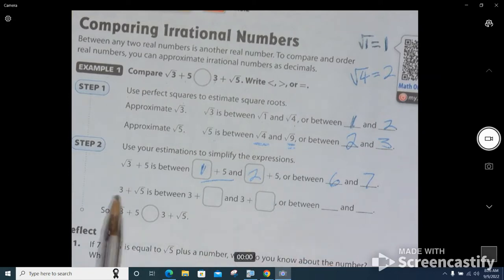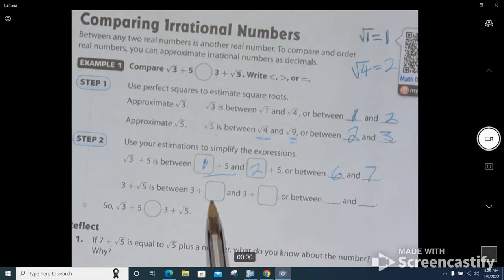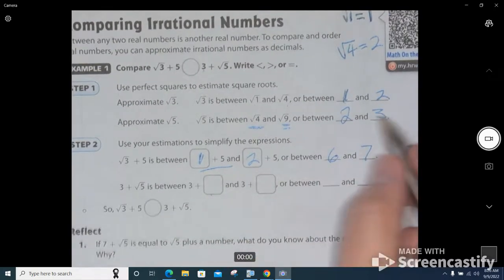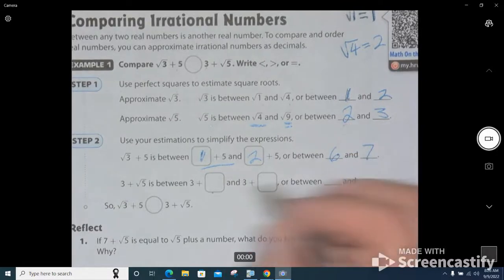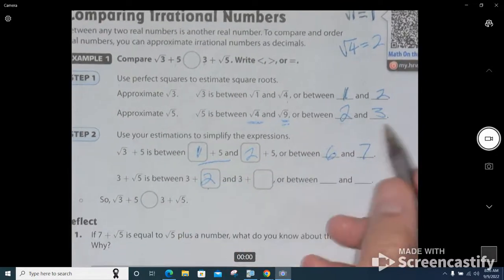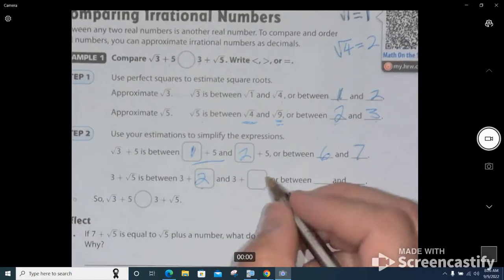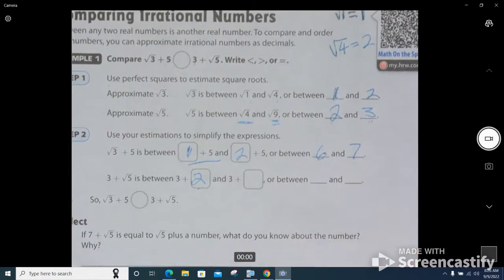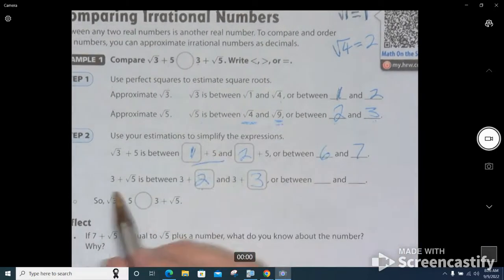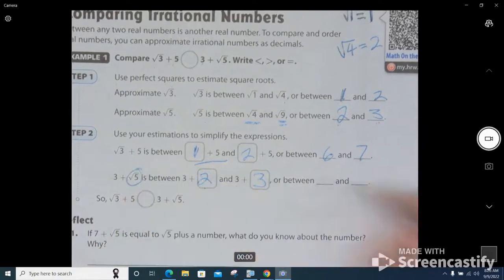Now, over here we have 3 plus the square root of 5. What's the lowest value for the square root of 5? Well, it would be 2. And let me back up. I think you guys are getting lost. Remember, we're looking for the square root of 5.